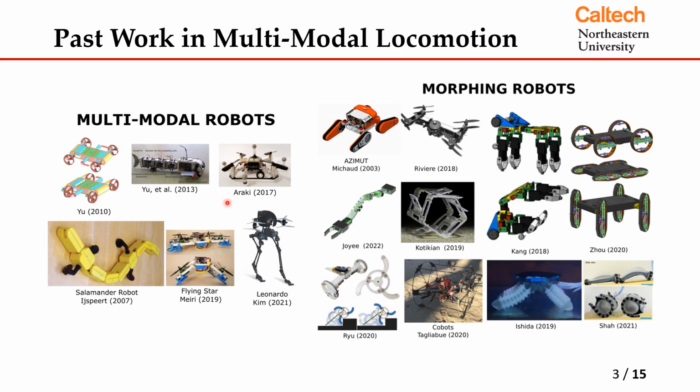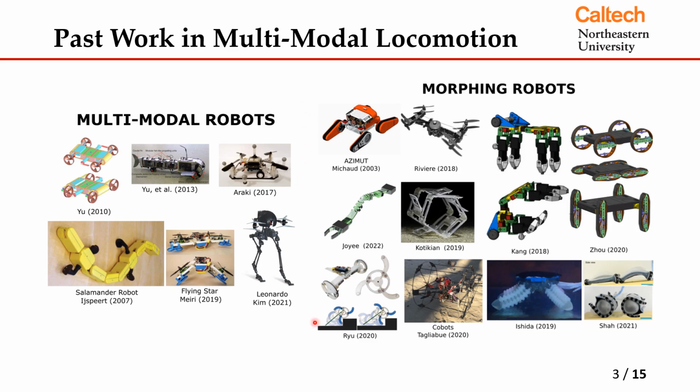There's this salamander robot by Isbert, which has legs and can also perform undulating motion both on the ground and inside the water to propel. There's a flying star here where there are wheels attached, and it can transform between UAV and wheel motion. And we have this Leonardo robot by Kim, where there's a propeller attached to the body to assist walking, and also capable of performing something like a hover jump.